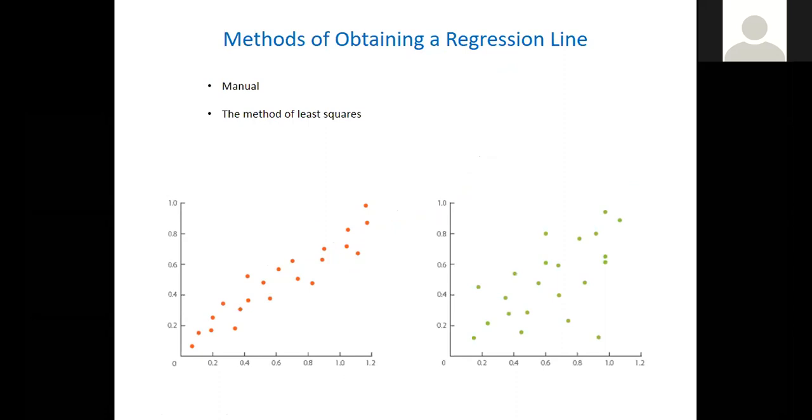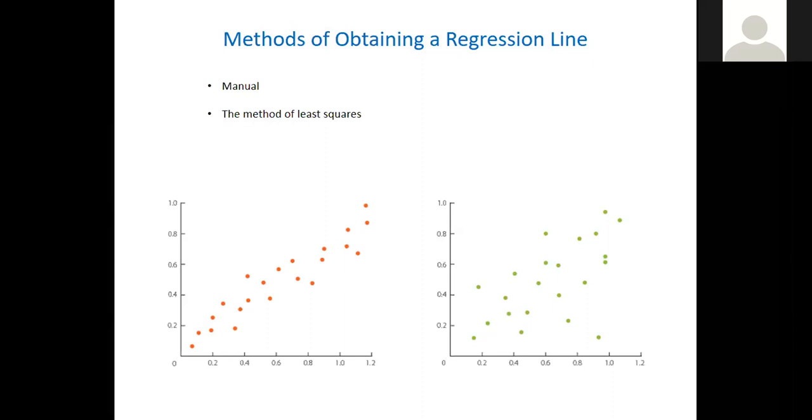So now, how do we know the best line? The best line is the line of best fit, the one that fits best. How do we know which one fits best?